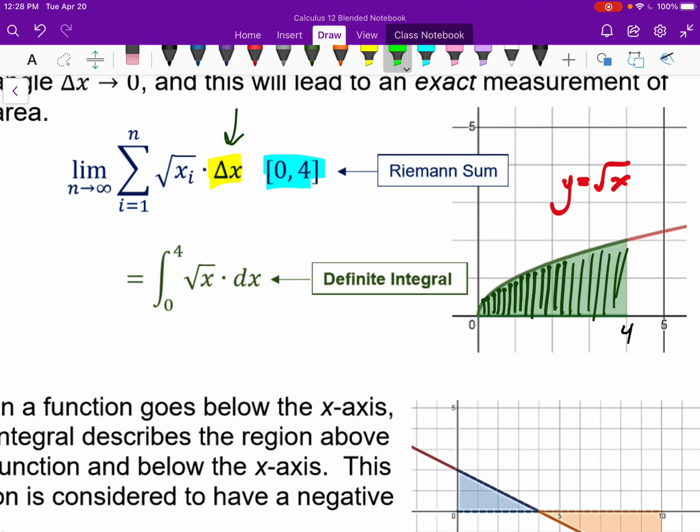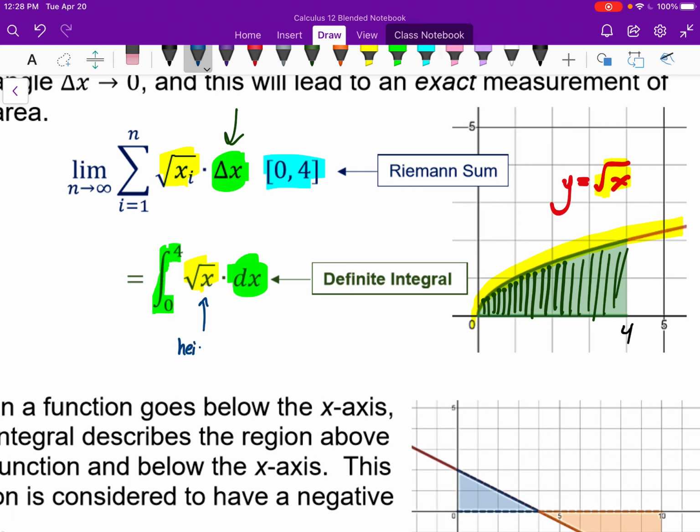But this is representing the sum of all these infinite rectangles from 0 to 4 for this particular function, root x, which is what we have graphed right here. And the dx right here represents the change in x. Essentially, we are still finding the area of all these infinitely many rectangles.